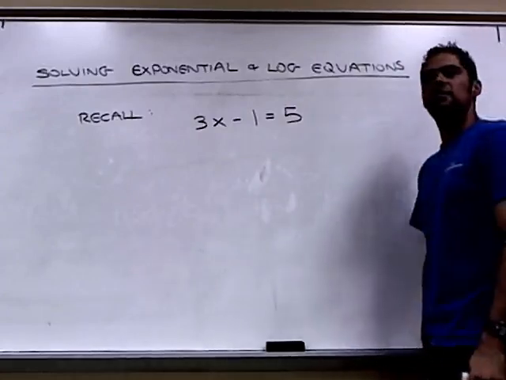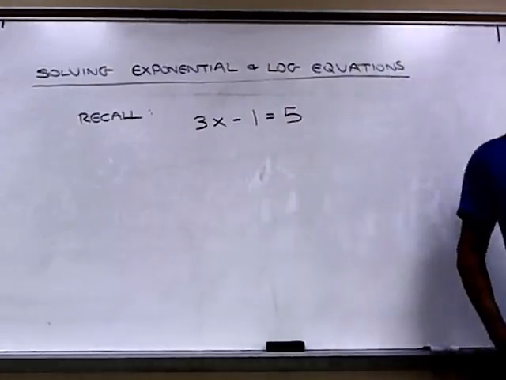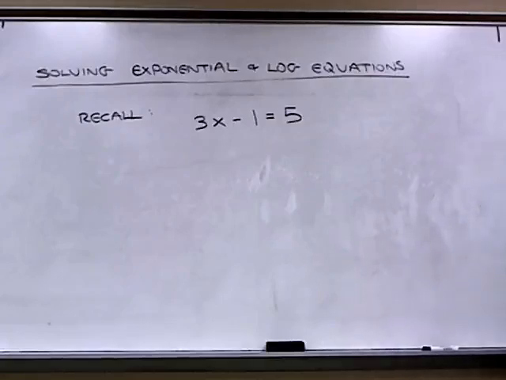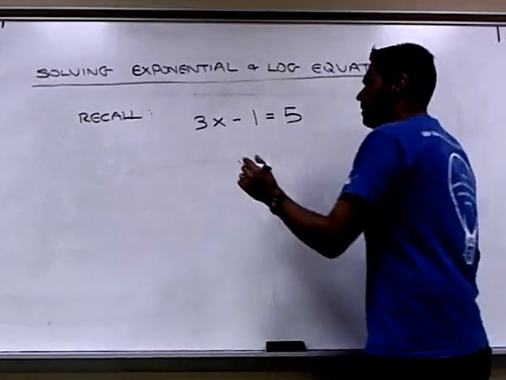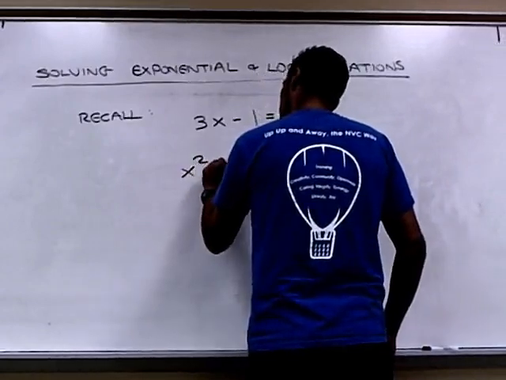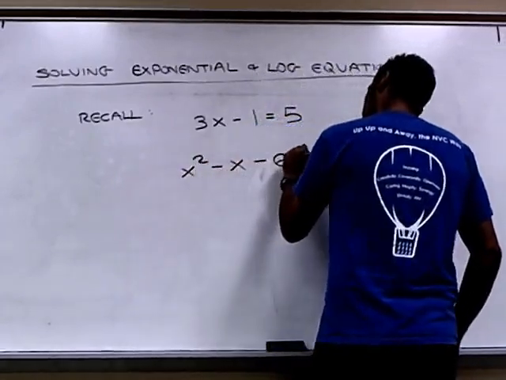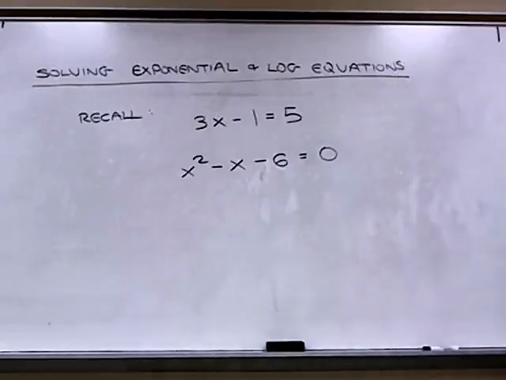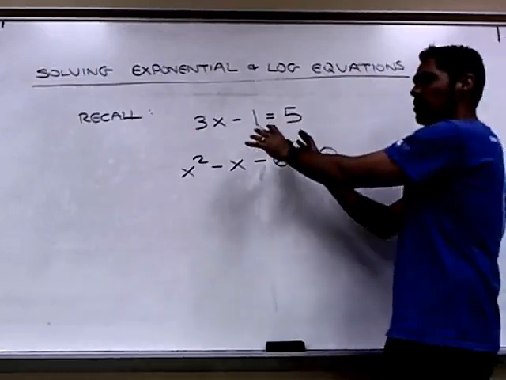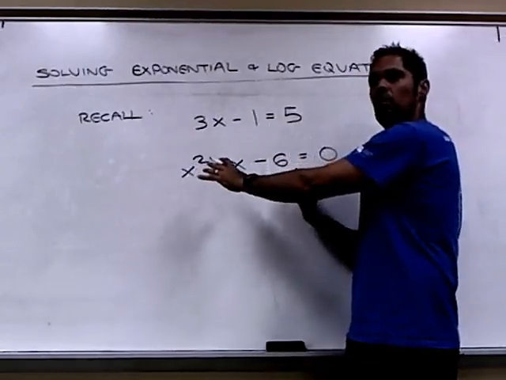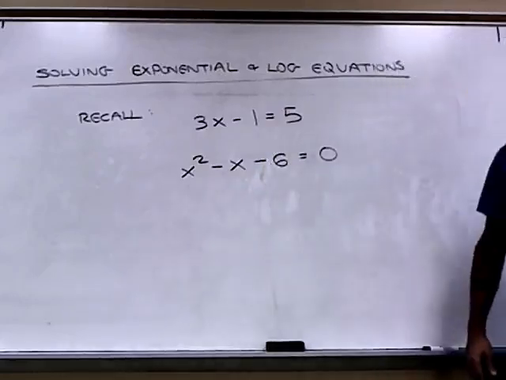Add 1 to both sides, divide both sides by 3, right? That's a linear equation. Every student here should be able to do that. How about if I asked you to solve this? Try and factor it, right? Set each of the factors equal to 0. Or if it didn't work, quadratic formula, synthetic division.